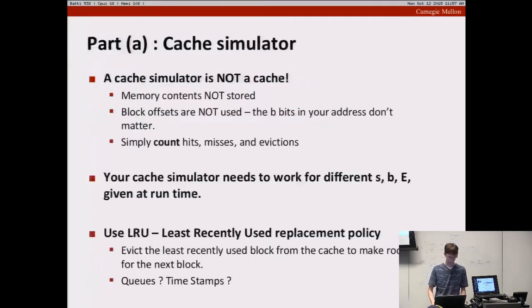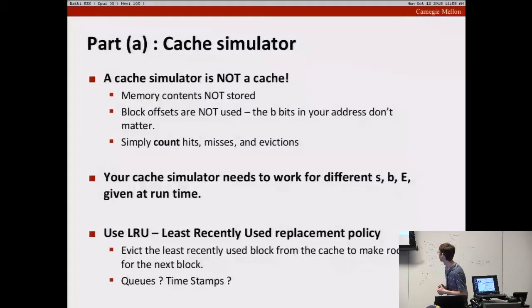So, Cache Lab, you're going to implement some of this. The first thing you're going to implement is a cache simulator. Essentially, you're going to take this scheme of how to divide things up into sets, and have tags and valid bits and blocks, and then you'll write a simulator that, given a pattern of memory accesses, will tell you how many times it goes to look up something and it misses, and how many times it goes to look up something and it hits, and that sort of stuff.